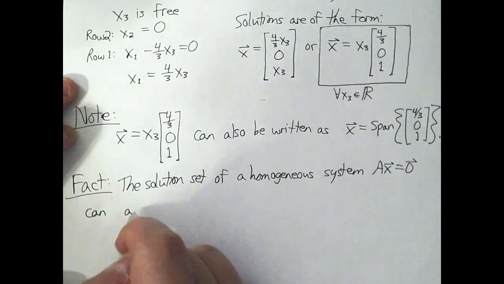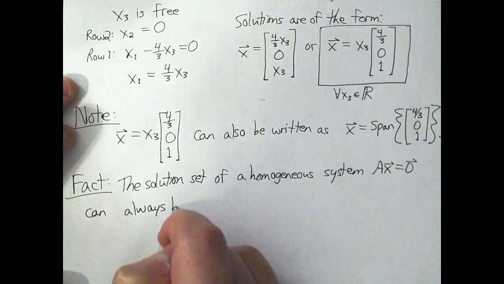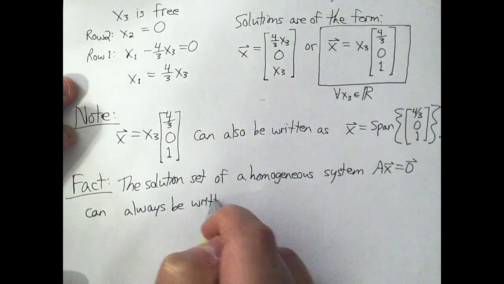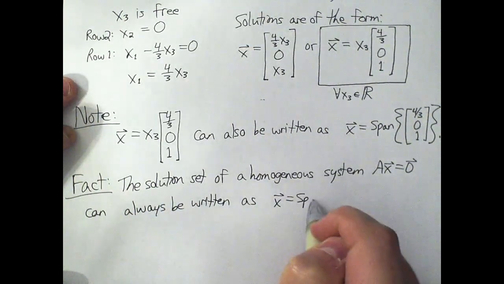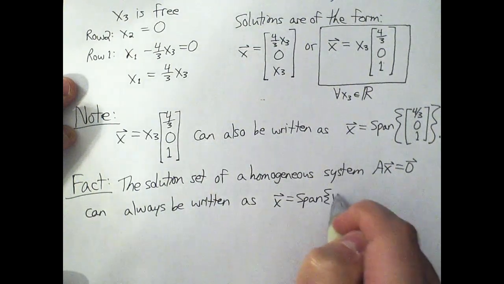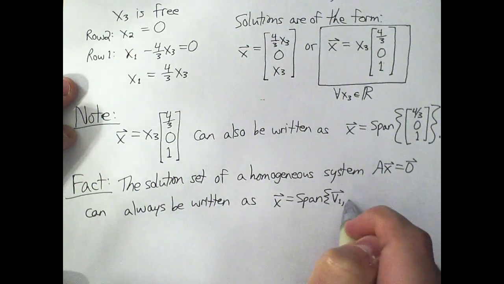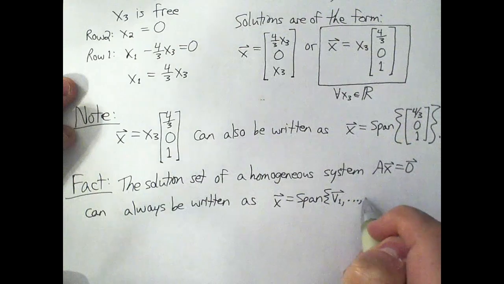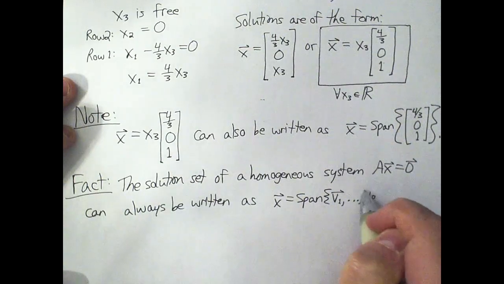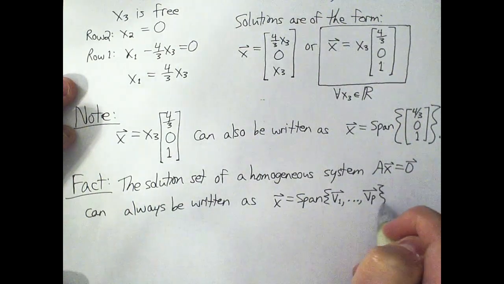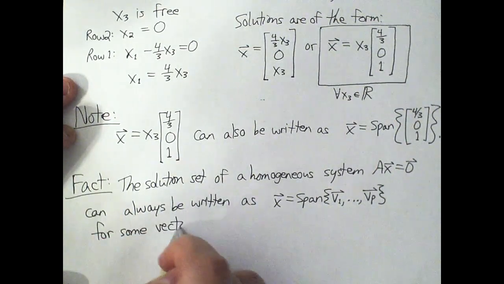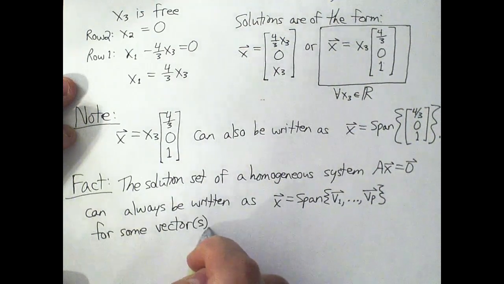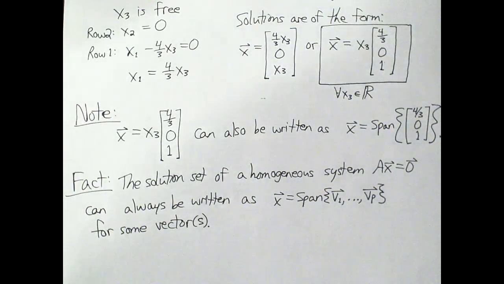Ax equals 0 can always be written as x equals the span of v1 through vp for some vectors. And I'm going to put the s in parentheses for some vectors. It could just be one vector, or there could be more than one.